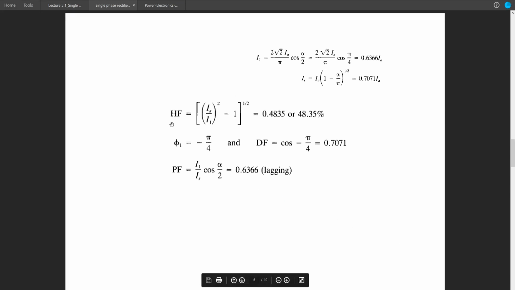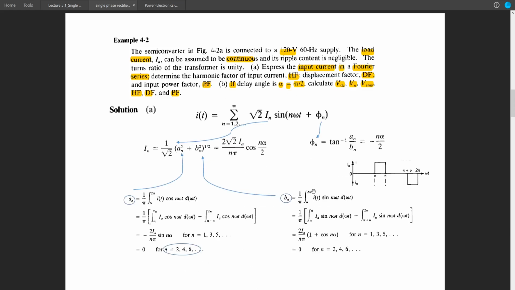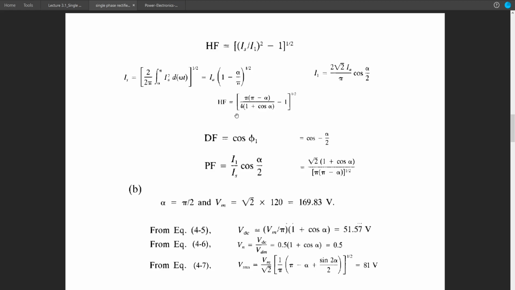Now if we want to derive the value of harmonic factor, displacement factor and power factor, we can easily do that by putting the value of alpha in these equations.